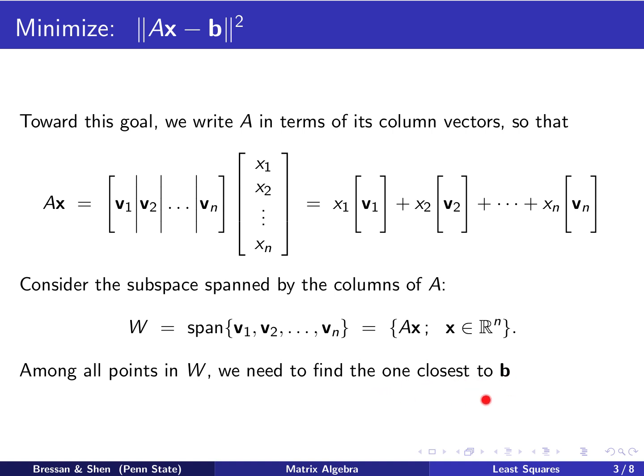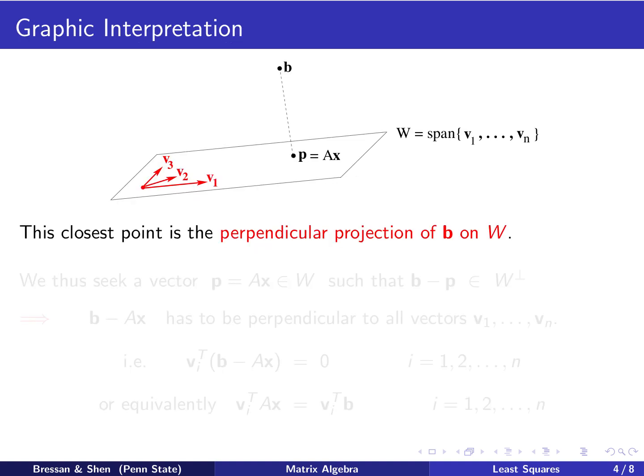This vocabulary, closest to b, rings a bell. We have talked about this very recently. From the discussion in the previous few lectures, we know that the closest point would be the perpendicular projection of b on W.